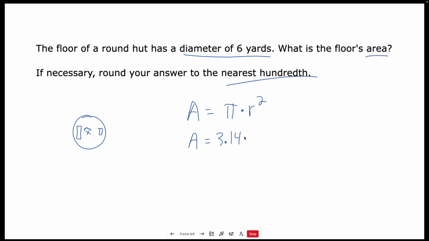So let's use 3.14 times the radius, which is 3 to the second power. This, by hand, in a calculator, in your head, I guess, when you do that, you get 28.26. So the area is equal to 28.26. This is area, so it'll always be square something. In this case, it is square yards.